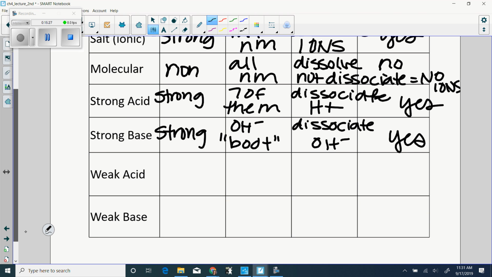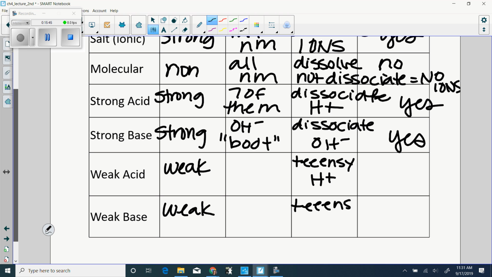Weak acids and weak bases are weak electrolytes. Because just a teensy amount of ions.